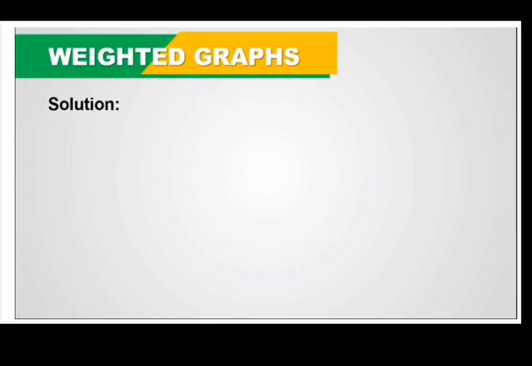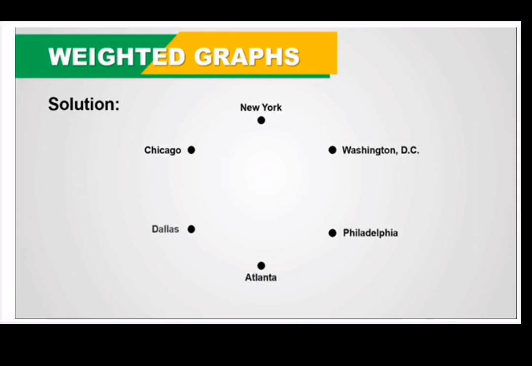Okay, so now this is our solution. Let's sketch a weighted graph first. We will put 6 dots, or 6 vertices, to represent the 6 cities. From Chicago to New York, we will connect that. It weighs 713, so that is its weight. So 713 miles.